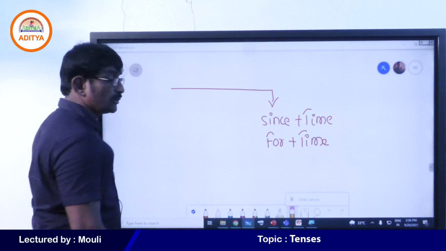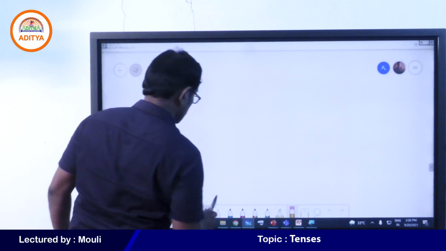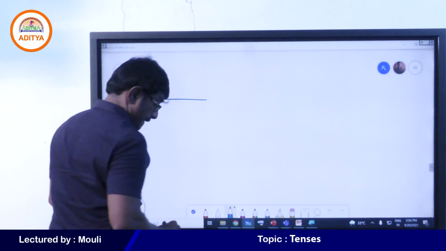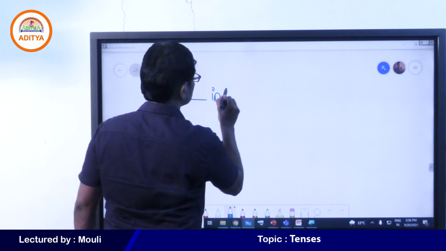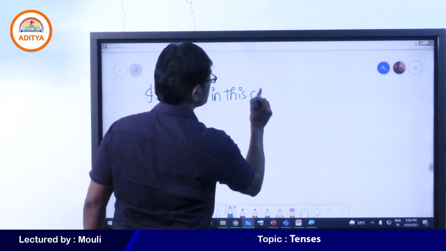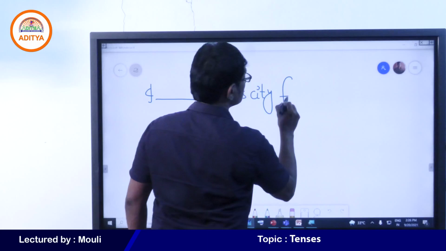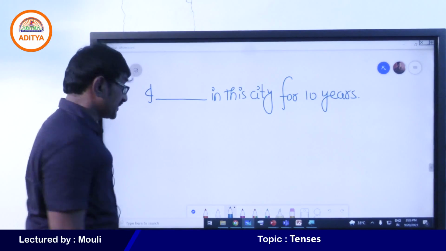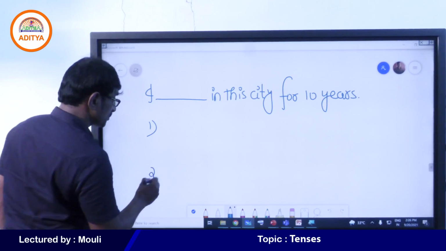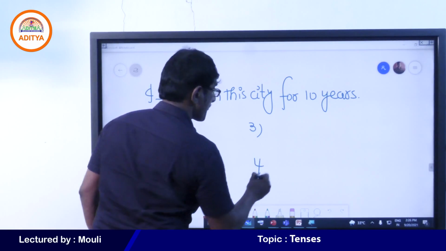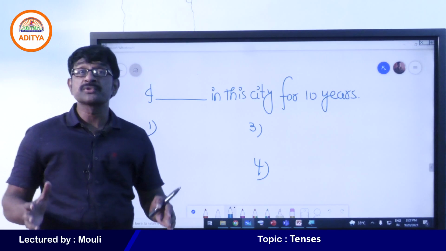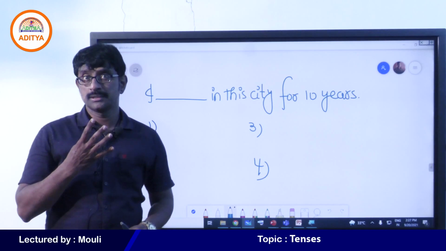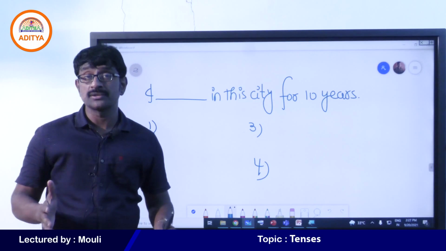Okay, students, I'm going for one example now. The first example is like this: I dash in this city for 10 years. It is given, for 10 years. Now, the choices. Usually, in most of the exams, we will have 4 choices, but in some bank exams, we will have 5.